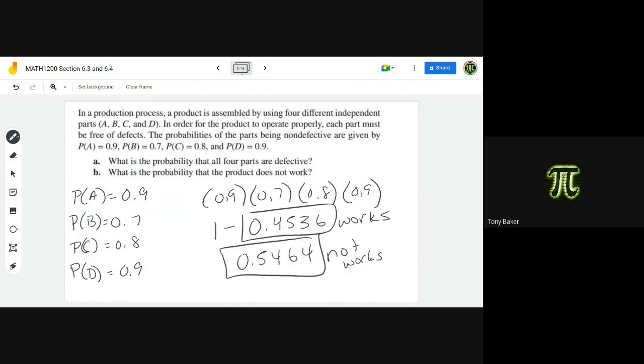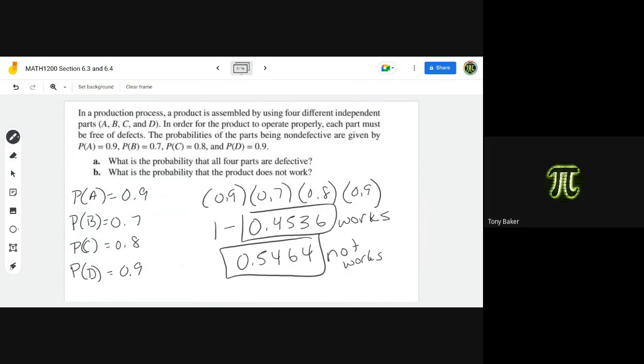The second one, based on the directions, said that if one part's bad, the whole thing doesn't work. So we would have had to figure out the probability of all 4 being bad, of 3 of them being bad, of 2 of them being bad, of 1 of them being bad. Because in any of those situations, this wouldn't work.